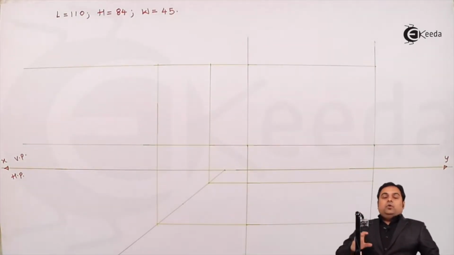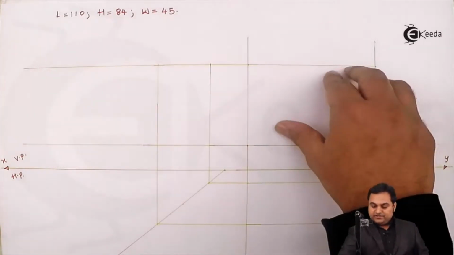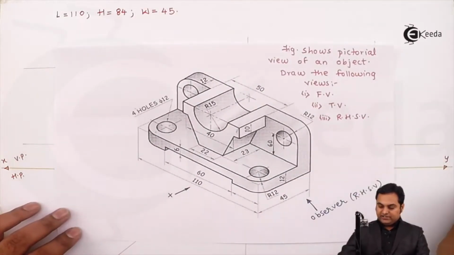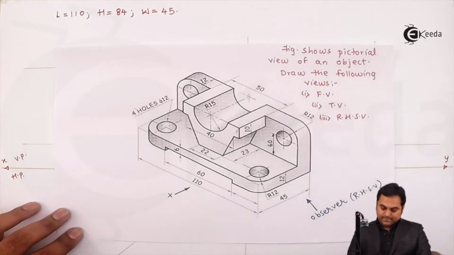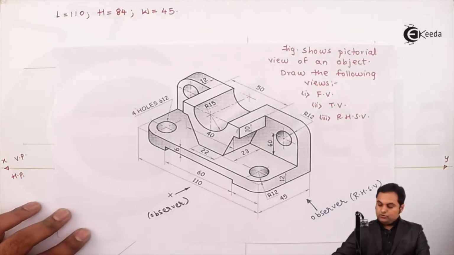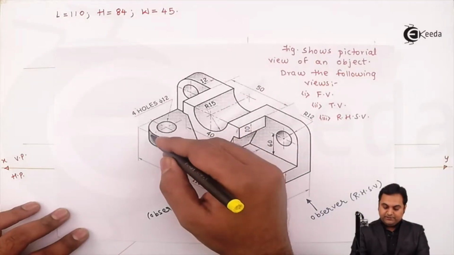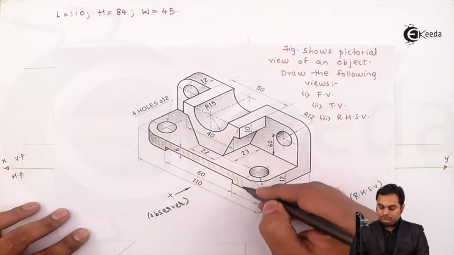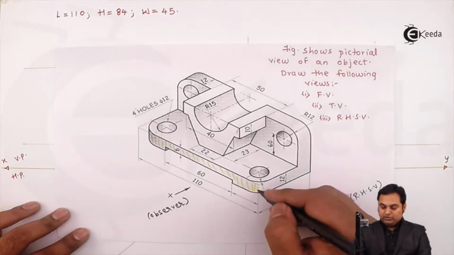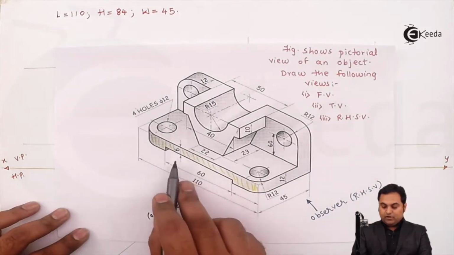Now, once the spacing is understood, I'll start with the front view first, that is in this rectangle. Now, when I'm looking at an object from front, that is along x direction, here I'll say that we are standing as an observer. So the first thing which is visible to me from the front is the base plate. This base plate has a length of 110. Its total height is 12 mm, and again there is a cut as we see here of 6 mm.